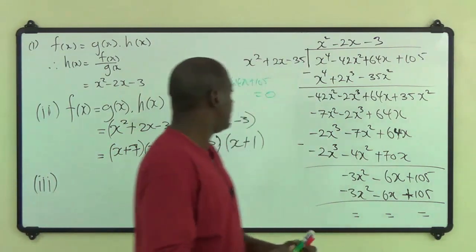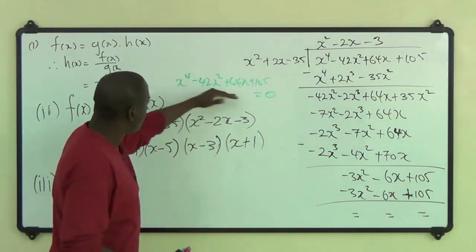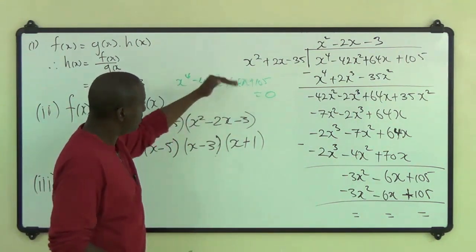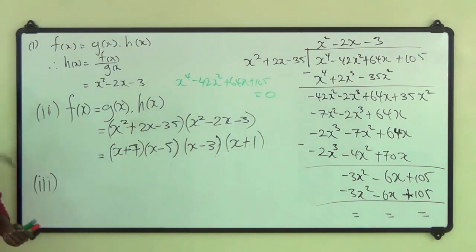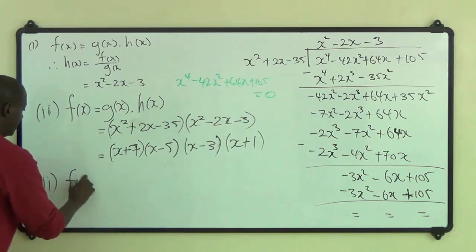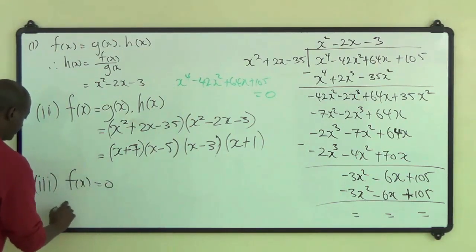So what do we do? We take the simplified form of f of x that we already have, and we equate that to 0. So in part 3, you start off by saying that f of x is equal to 0.